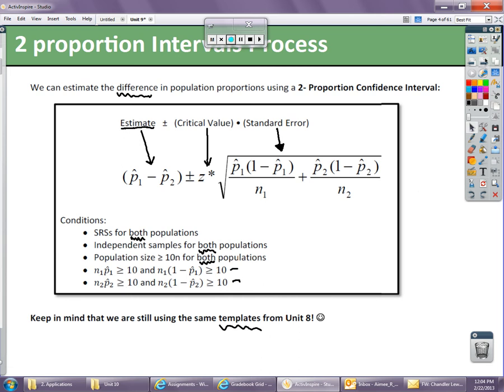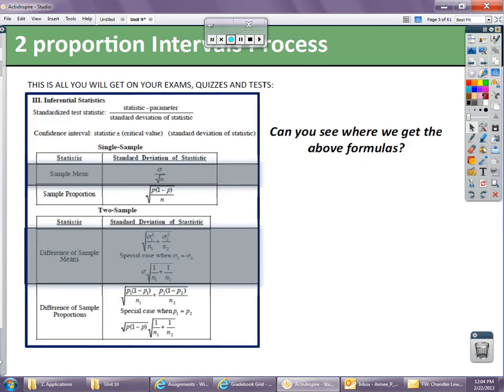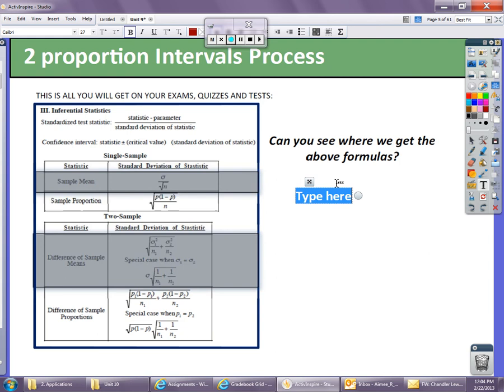Templates are going to be the same, and if you are having trouble remembering the steps, I did go over the acronym for this, PANIC. P is state the parameter of interest, along with what you want to do with the confidence interval. And then the A, which is assumptions and conditions.